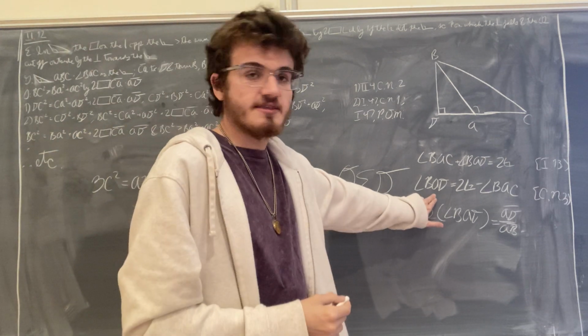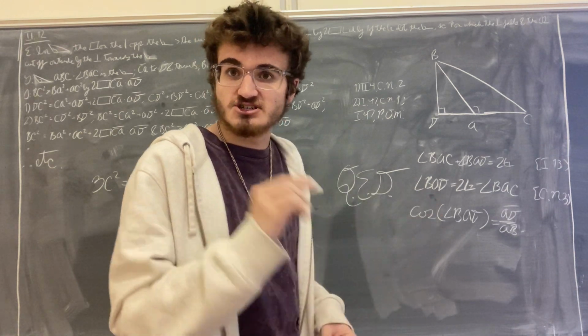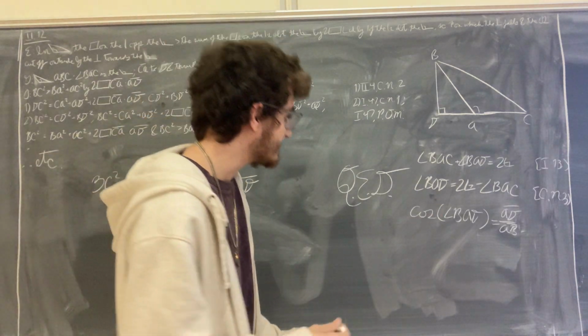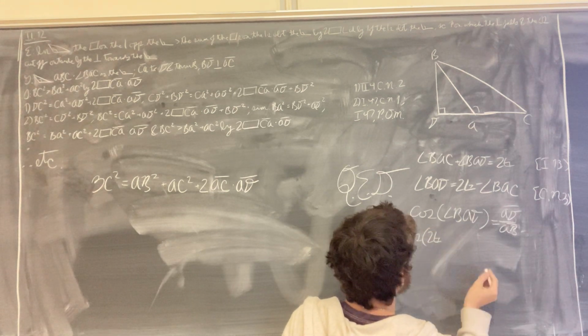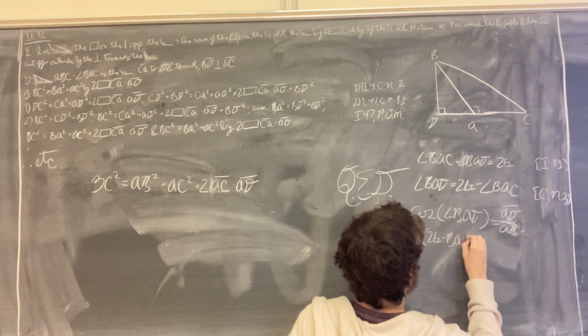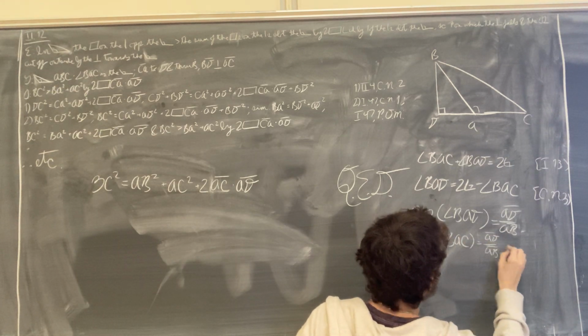Now, we just saw that we can express the angle BAD as two right angles minus BAC, so let's do that. Cosine of two right angles minus BAC equals AD over AB.